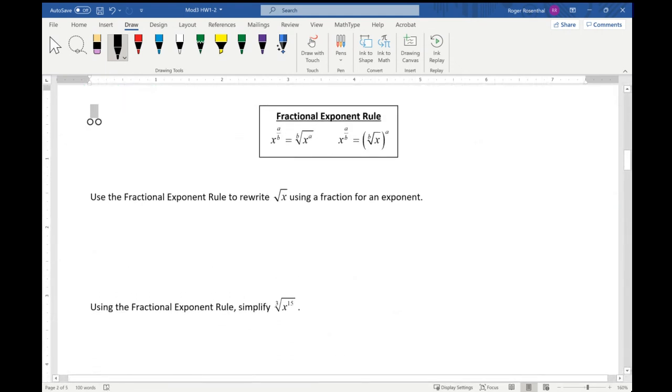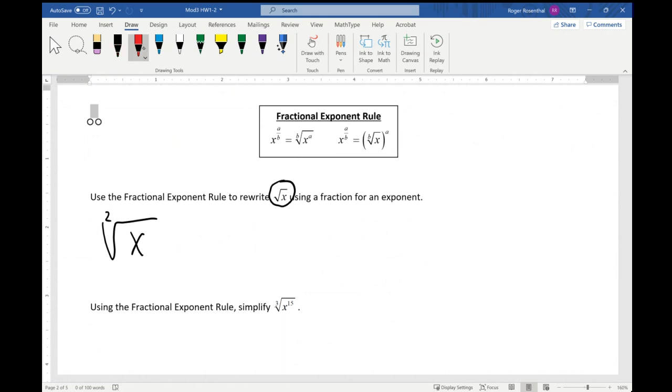So we're going to use that rule to rewrite this. Remember, a square root secretly has a 2 there. And anything you can always think of as having a 1. So the square root of x is the same as saying the second root of x to the 1. Now we're going to rewrite that using fractional exponents by using this rule right here.